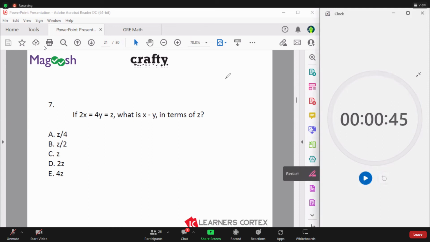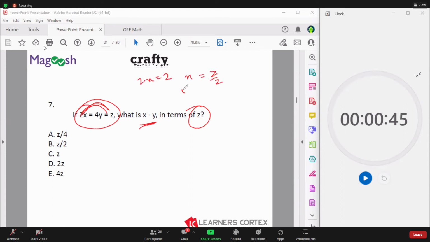Now it says that 2x equals 4y equals z. What is the value of x minus y in terms of z? First of all, from this, 2x equals z, x can be written as z by 2 and y can be written as z by 4. So x minus y is basically z over 2 minus z over 4, which is 2z minus z over 4, which is z over 4.